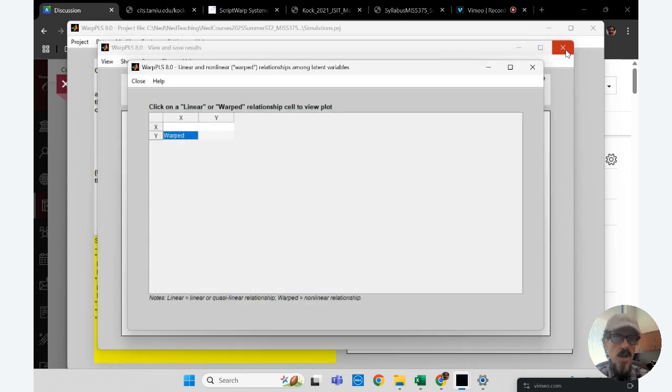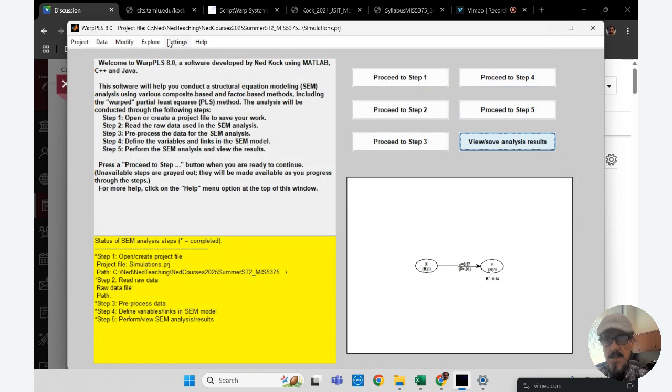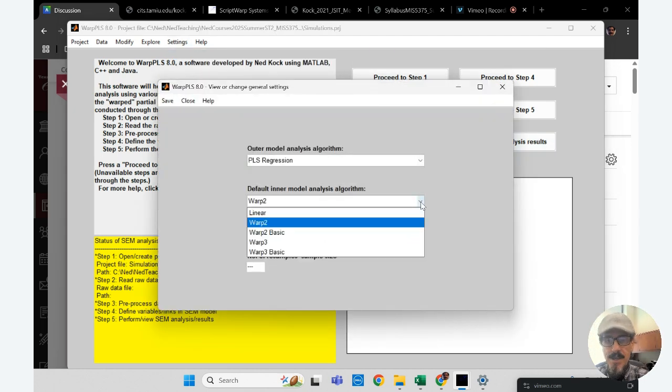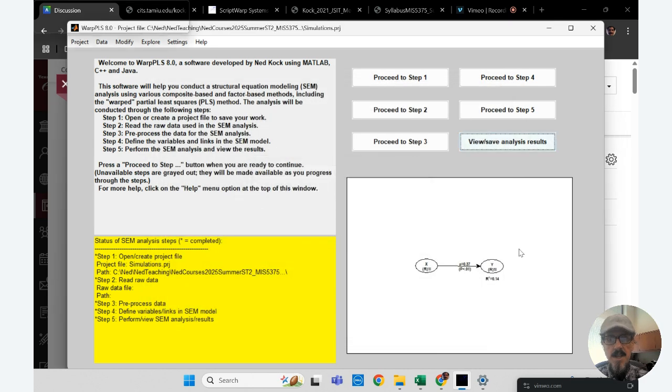This is why I'm asking you to make sure that you set your settings to linear, the default inter-model analysis algorithm as linear, so that all of the analyses you're conducting are linear analyses. Because to do a nonlinear analysis, you have to have the expectation that the relationship is nonlinear.